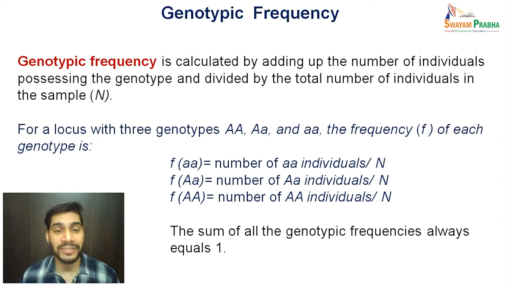Same is the case with the heterozygotes and the dominant homozygotes. The sum of all the genotypic frequencies always equals 1. This is just like percentages, where the sum of all the percentages comes out to be 100. The sum of all the frequencies always comes out to be 1.